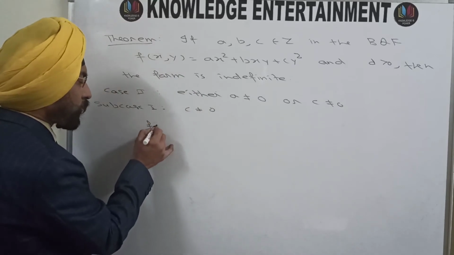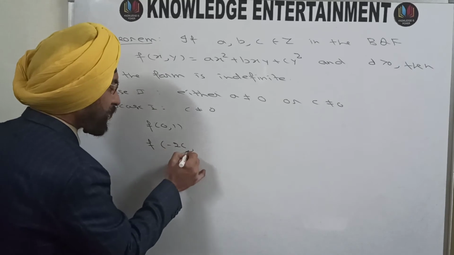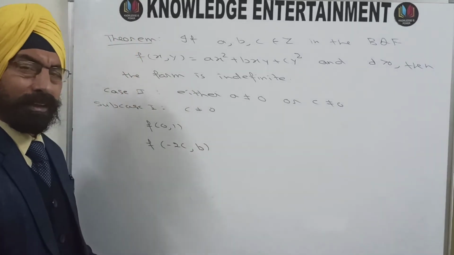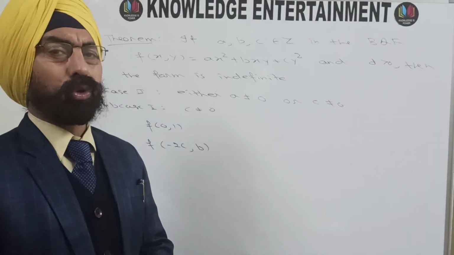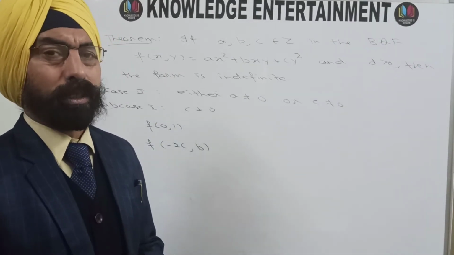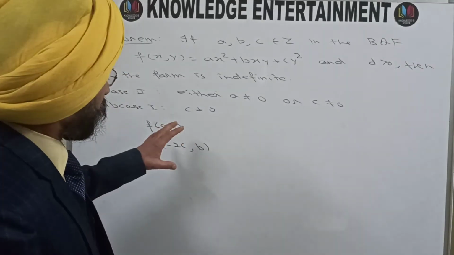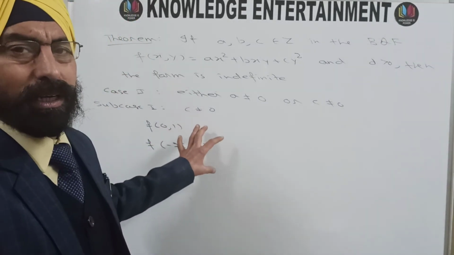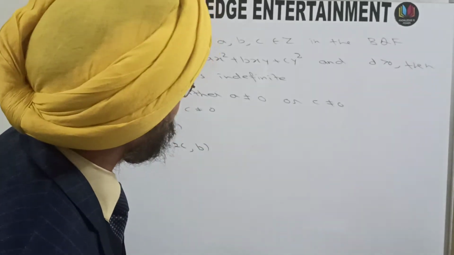Try to find the values of f(0,1) and f(-2c, b). And once again, you will see that one of the values will come out to be positive, the other value will come out to be negative. That means in this case also, you are having a binary quadratic form which is indefinite because it is assuming both positive and negative values.